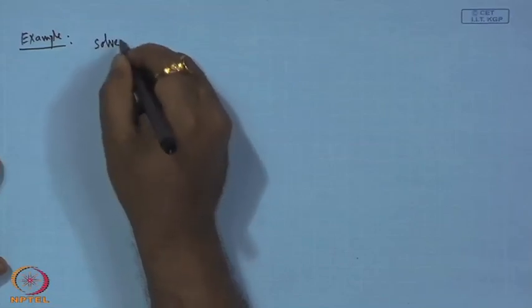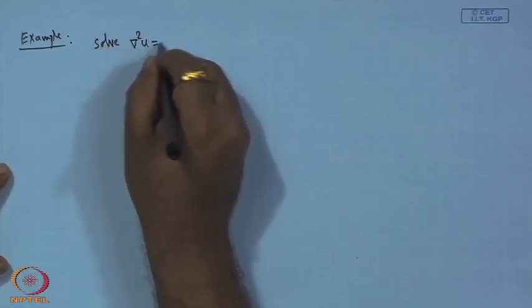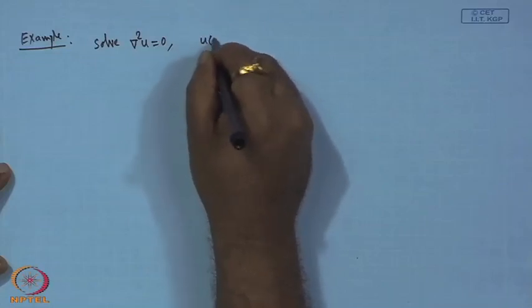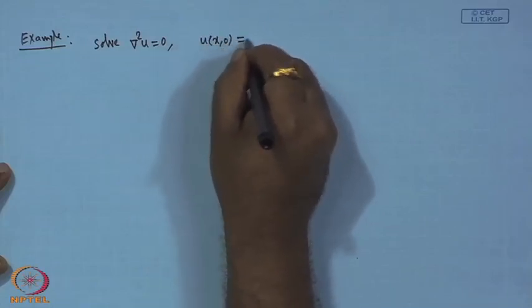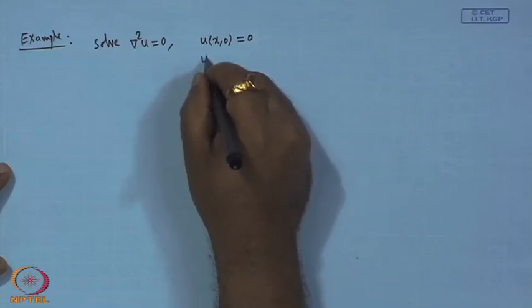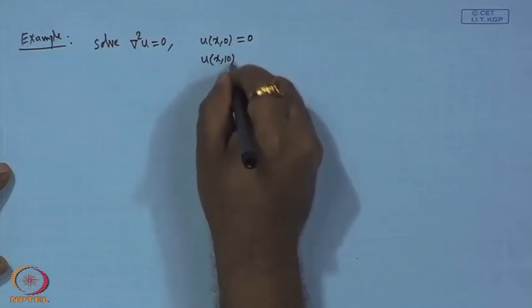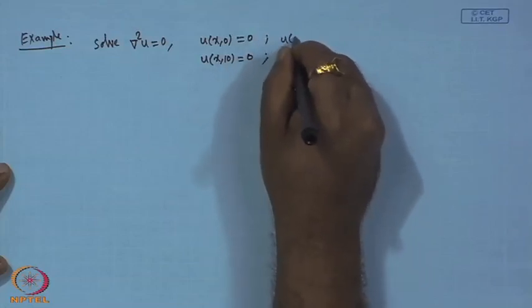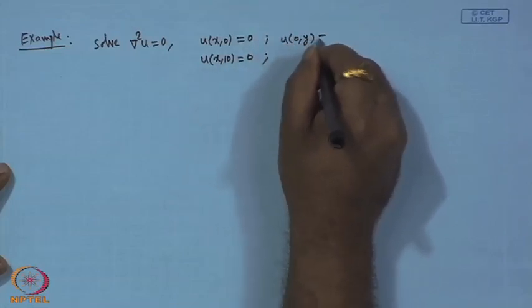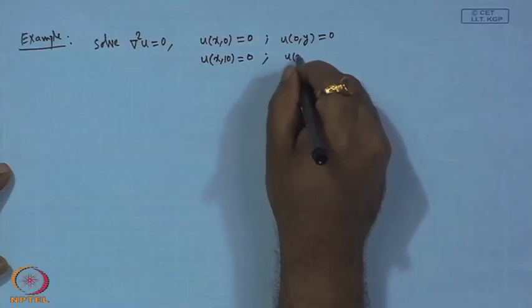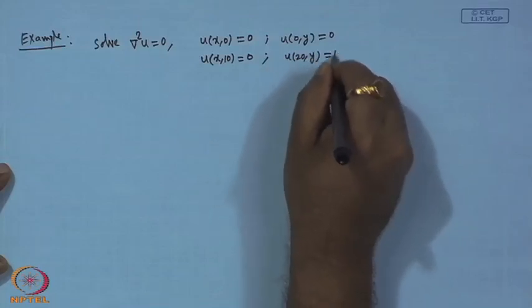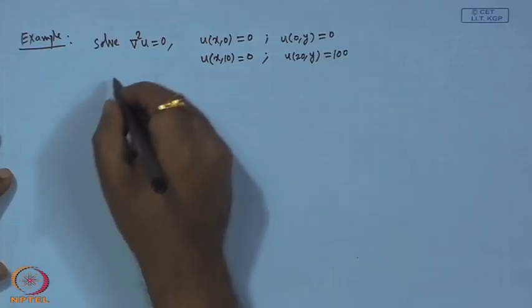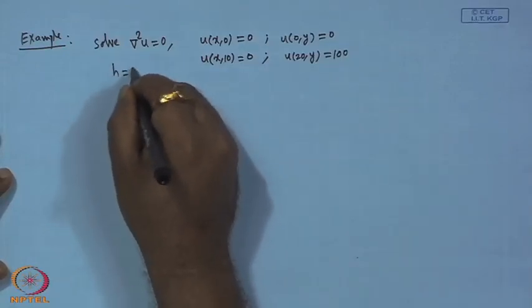Solve del square u equals 0 subject to the boundary conditions, and say h is 5.